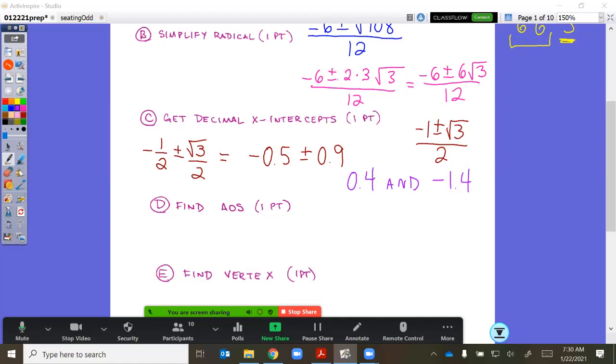Oh, okay. So the way we find it is we add these 2 values we just got together. So we say negative 1.4 plus 0.4, and we divide by 2. We're finding the average of 2 points, which is going to be right down the middle, the axis of symmetry.